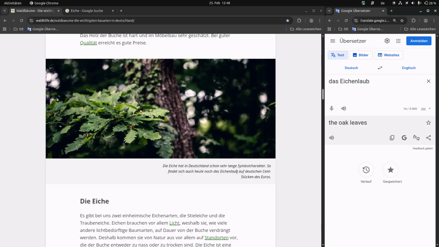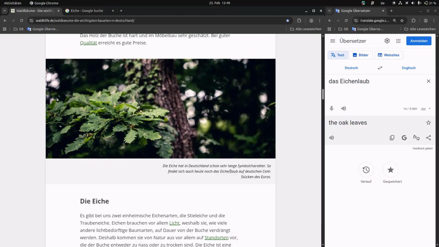And that is neutral because of the second part, which is always the part the article refers to, so the Laub, whatever comes before that doesn't matter, so Laub is always going to be neutral. So the oak leaves, and by the way, Laub, there is not a plural form of that, I believe, or maybe Laube, not really used, but because Laub is already basically plural because it contains multiple leaves.